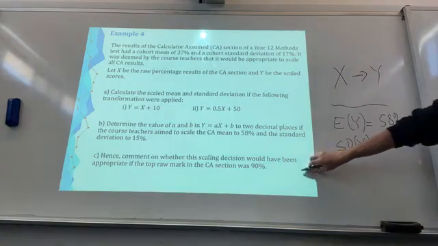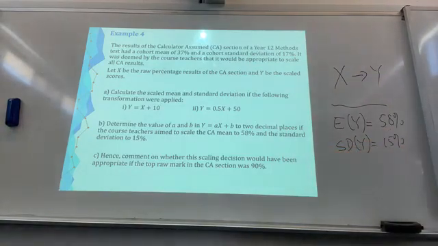Then you need to comment on part C. We'll talk about part C in a few minutes, but I would like you to use the information I've taught you to work out the scaled mean and standard deviation of the following transformations: Y equals X plus 10, and Y equals minus 5X plus 50.